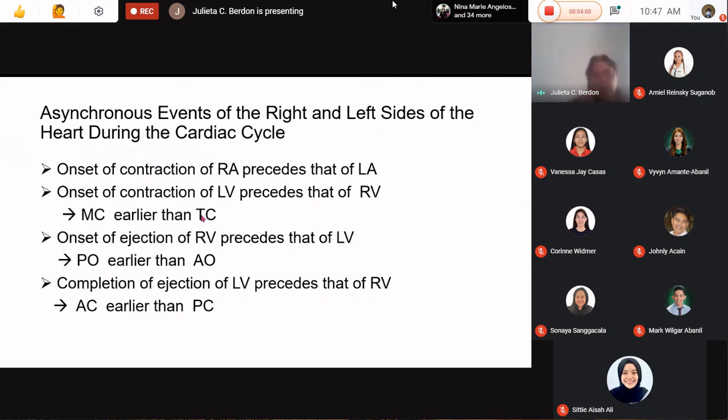So I would like to go back, no, look at your notes, in your handouts. And then I will just like to show you the asynchrony of the heart. Okay, now I would like to go back to the previous slide.